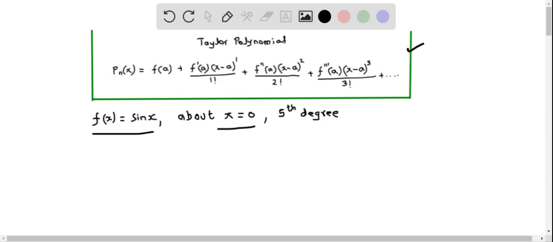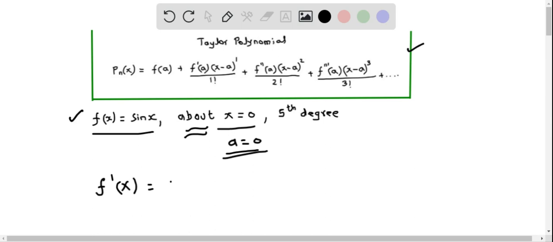So we have to determine this, that is, we have to find the derivatives and then evaluate the derivative at a equal to 0. Here a equals 0, since we have to find about x equal to 0. So first let's find the first derivative, that is f prime of x, and f of x equals sin x.